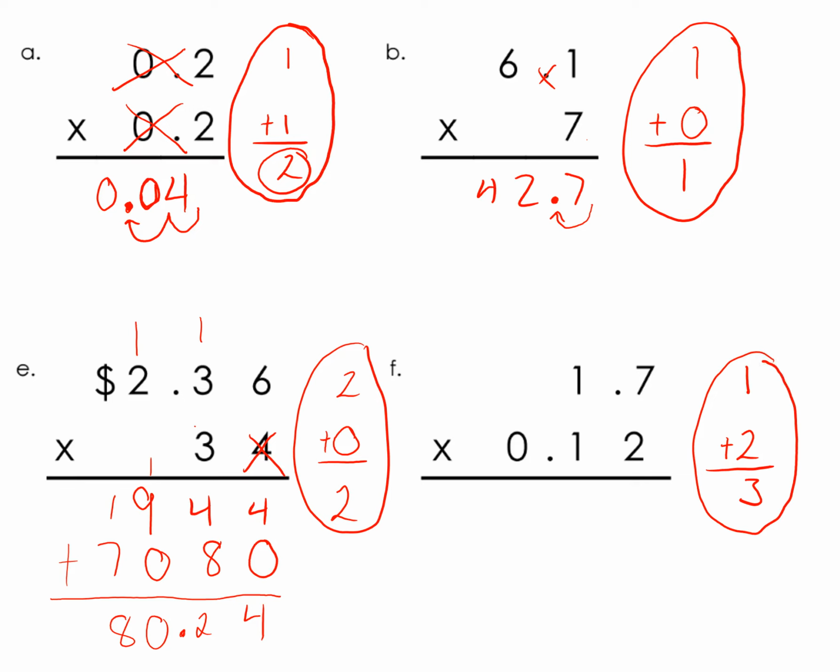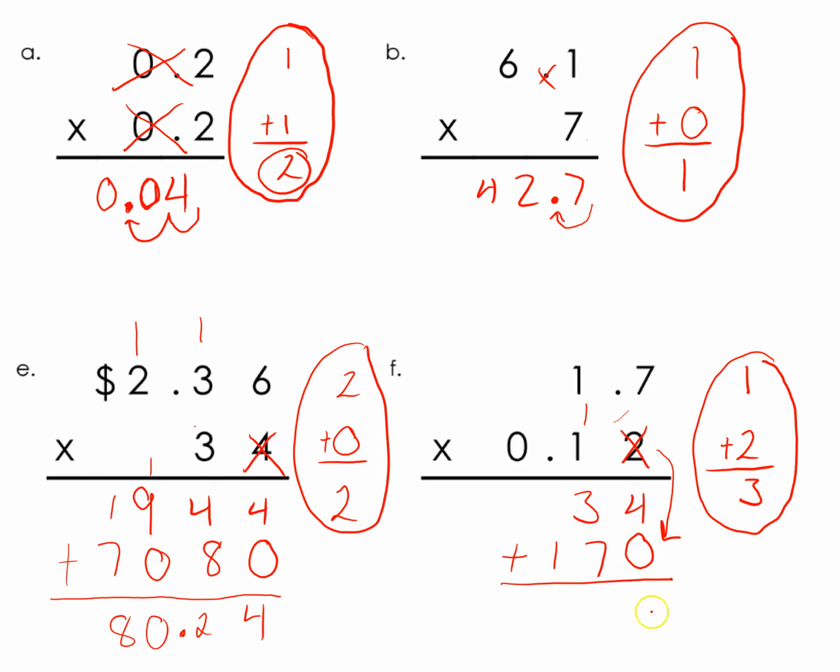So now I'm just going to multiply the 2 times each number. 2 times 7 is 14, carrying my 1. 2 times 1 is 2, plus 1 is 3. Now I'm done with that 2. Kiss it goodbye. But I have to have a 0 placeholder. Now I multiply the 1 times everything. 1 times 7 is 7. 1 times 1 is 1.